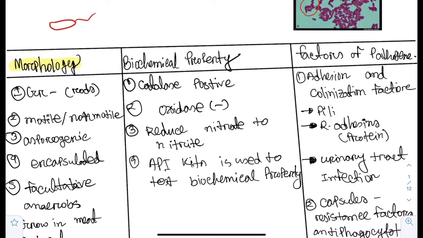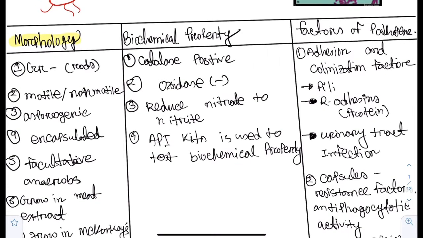And if the bacteria contains multiple flagella, then this bacteria won't be as motile as the bacteria which has one flagellum, because we know the flagella actually helps as an adhesion factor, so it can bind to the host more properly. So if we have more flagella, then the bacteria will bind to the host cell, so it won't move that much.